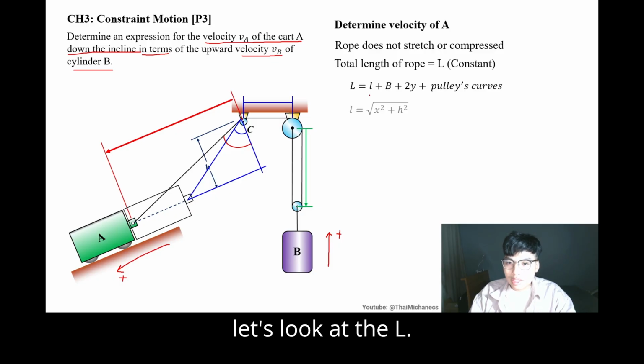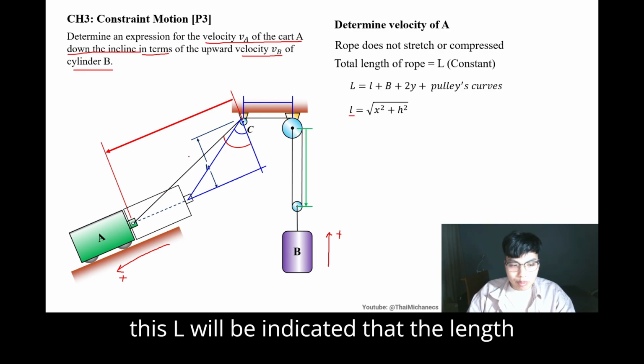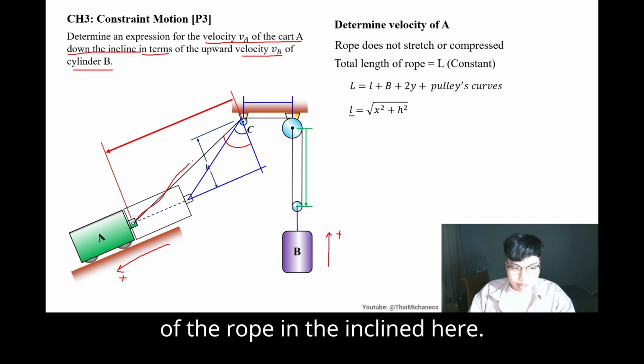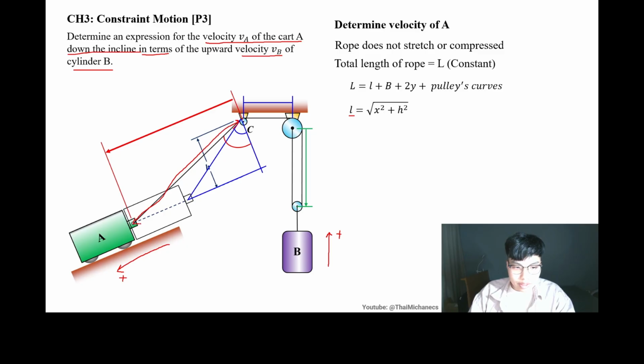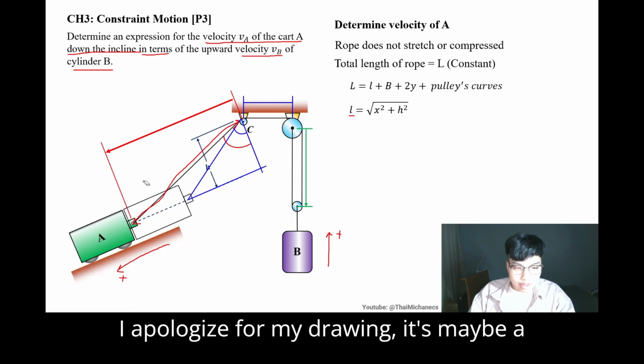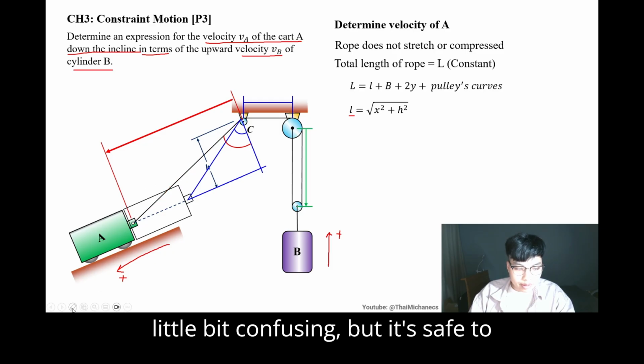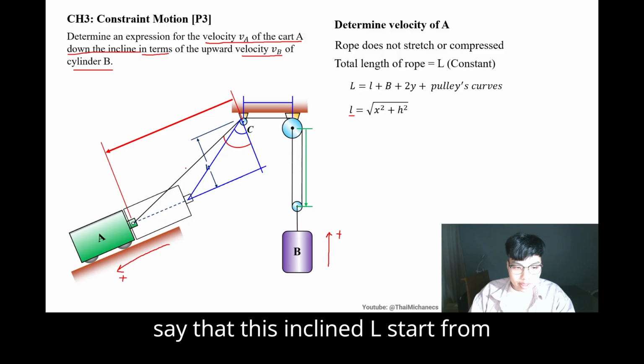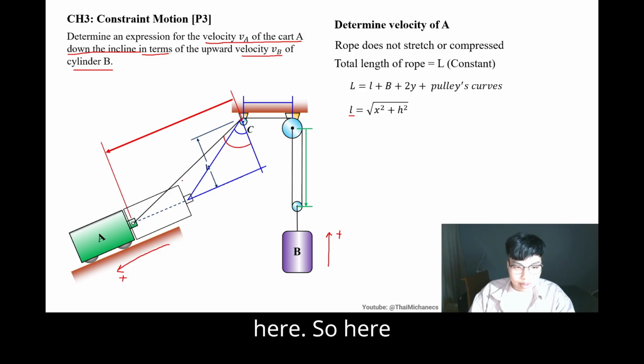First, let's look at the l. L will be equal to the square root of x powered by 2 plus h powered by 2. This l indicates the length of the rope on the incline. I apologize for my drawing, it's maybe a little bit confusing, but it's safe to say that this incline length, starting from here to here, is called small l.